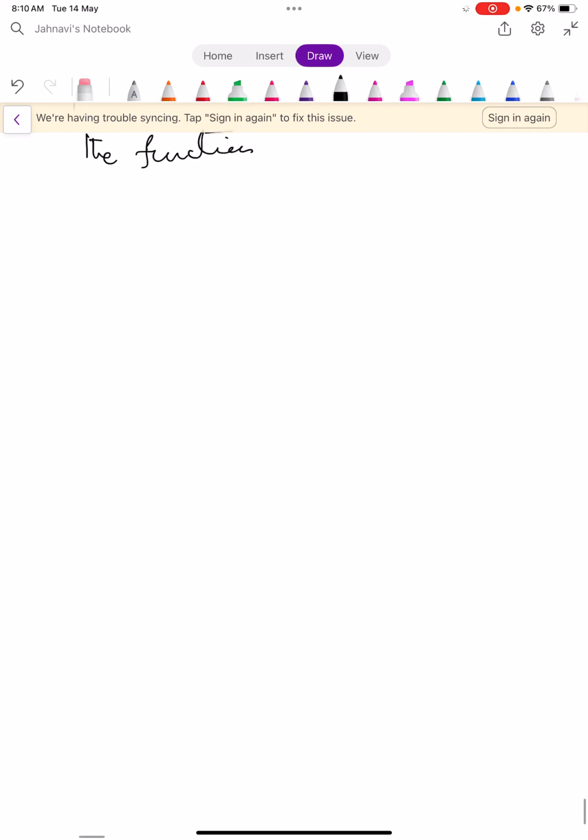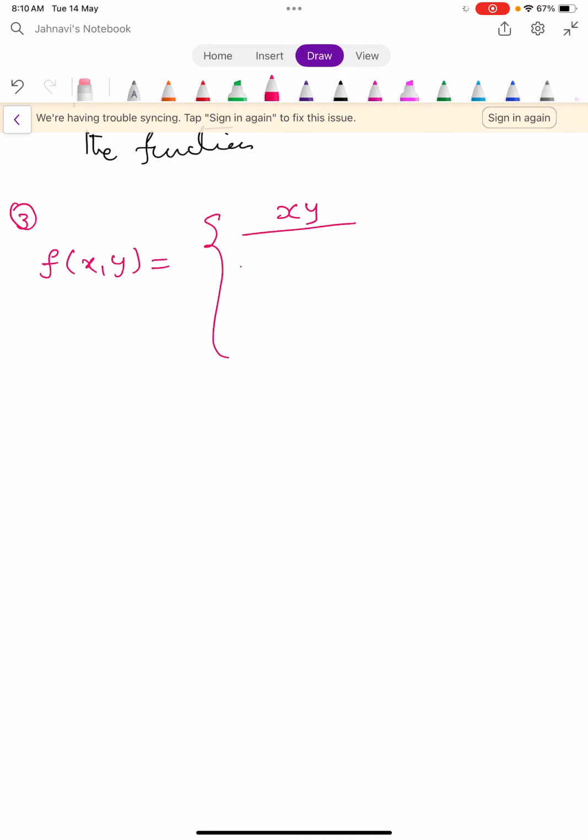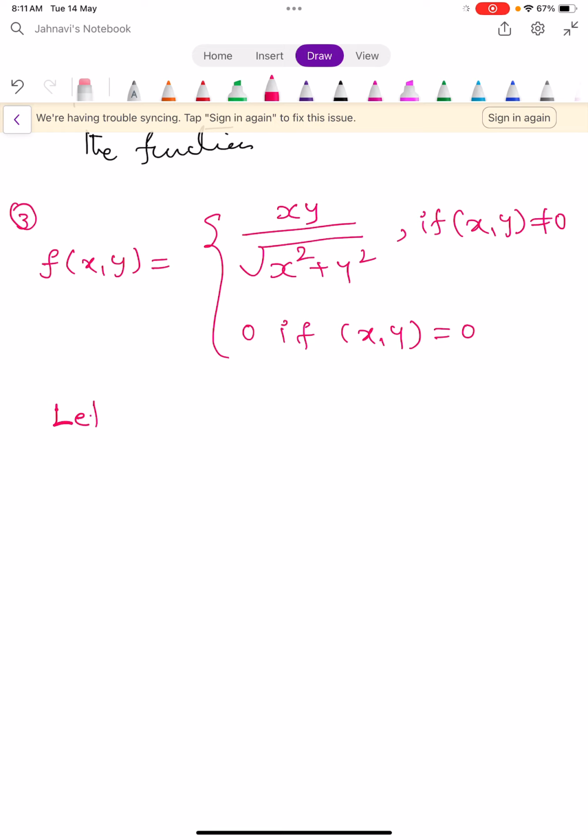Now let us check one more example to understand this concept. Example number 3. The function f of x comma y is given by xy by square root of x square plus y square if the point x comma y is not equal to 0 comma 0, and 0 if the point x comma y is equal to 0 comma 0. So let us take x equals r cos theta, y equals r sin theta.